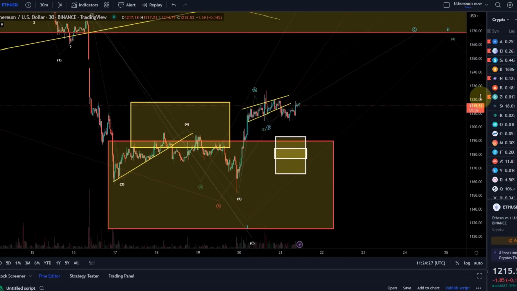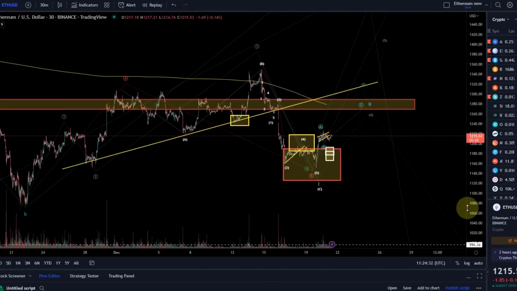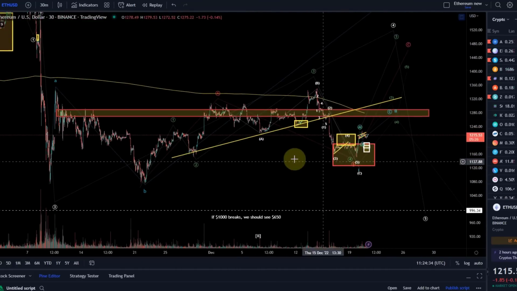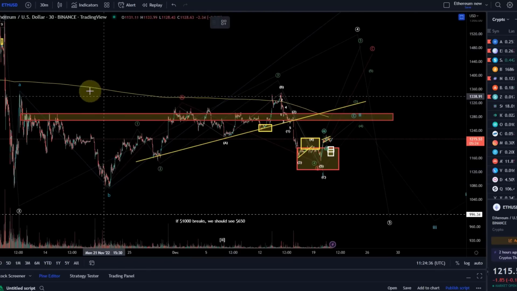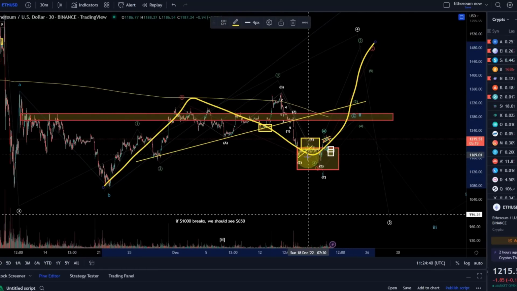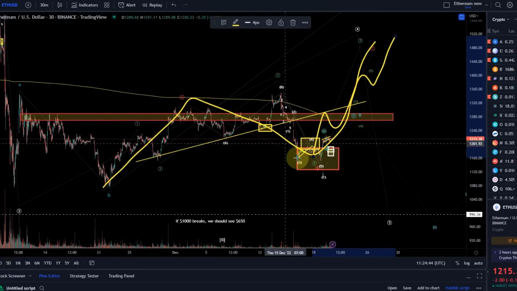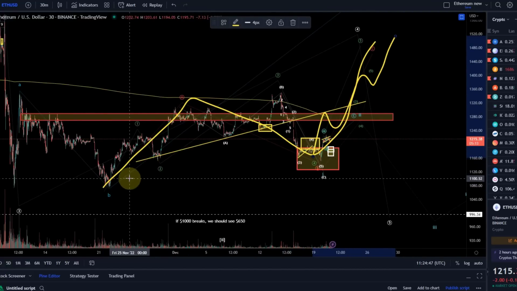And that is really the question at the moment, because we have the scenarios that we have either, and that's very similar to Bitcoin. If you watch the Bitcoin videos, we've got either here the chance of a red A, B, C, where we go higher in 5 waves in a C wave, 1, 2, 3, 4, 5. This very similar structure is this green count.